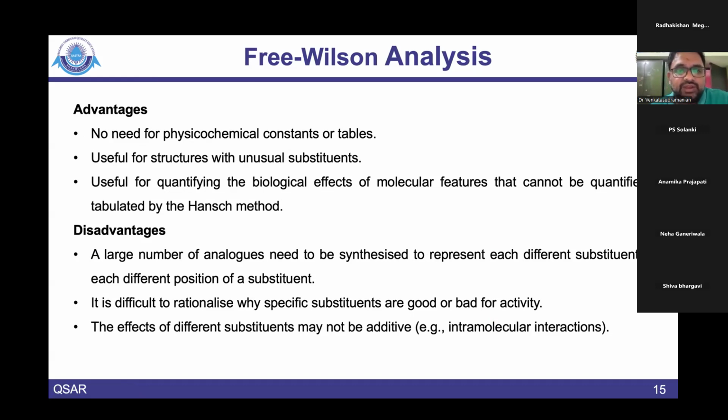And again, this one is very difficult to rationalize, that is, why a specific substituent has good or bad activity. We cannot give a justification for why something is better than the other, because it can only tell you whether it has a good additive contribution or not. So again, you have to have a standard set of values.